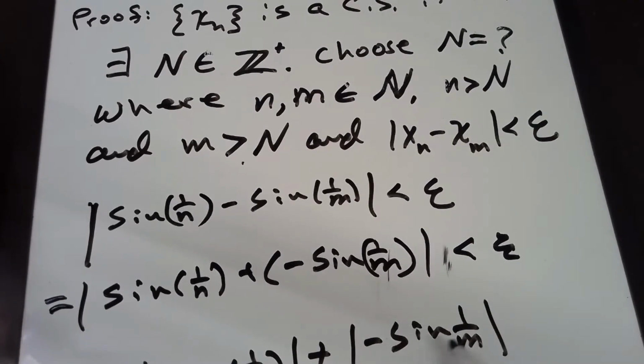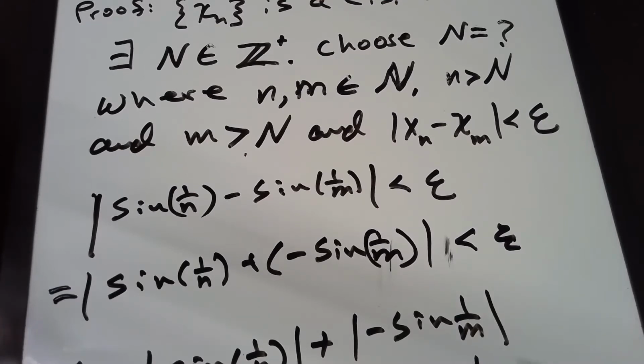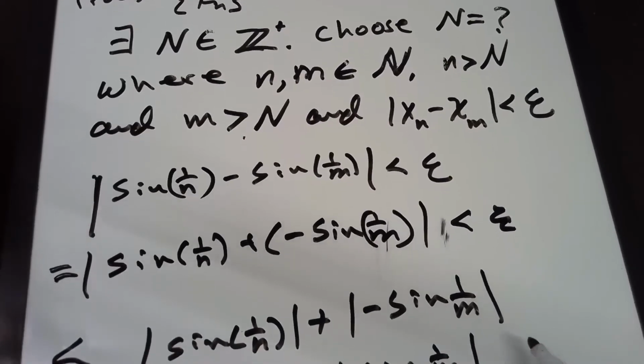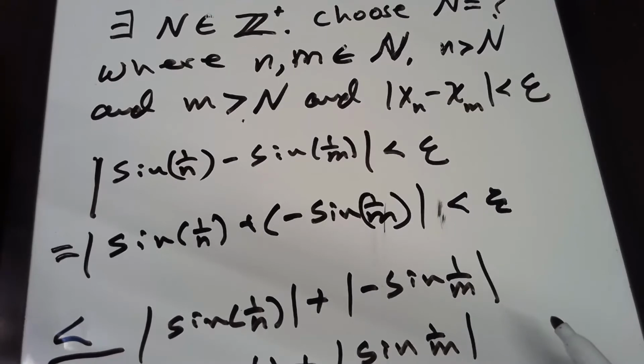And since this is absolute value, the negative can go away, so that's sine 1 over n plus sine 1 over m.